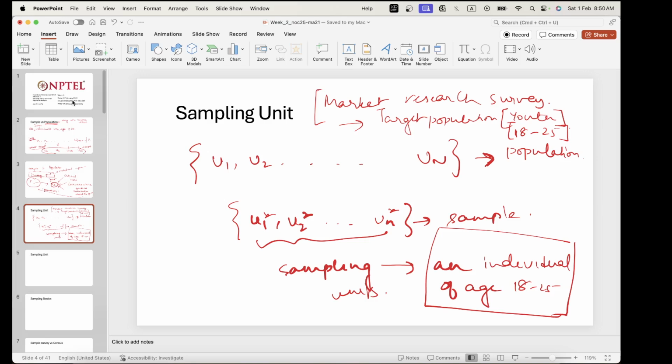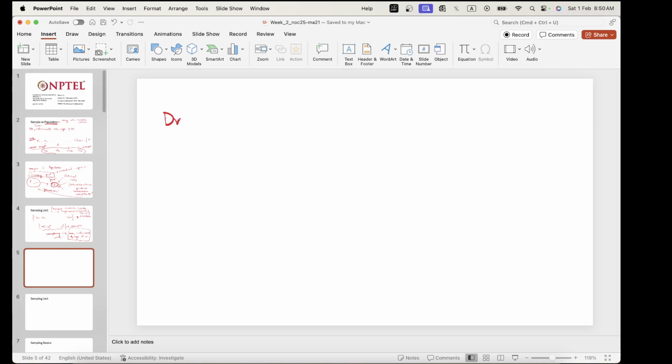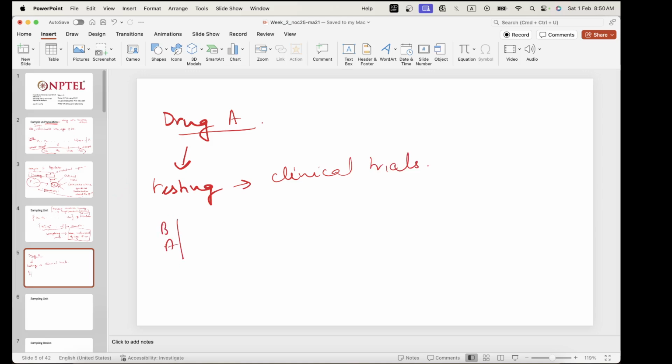Okay, another example is, let's say I have a drug in the market, drug A, and I am testing it out and conducting clinical trials. Okay, and then I am just doing a before-after sort of an analysis.